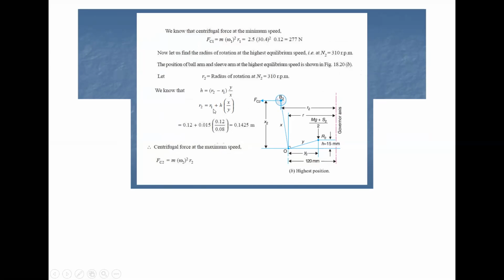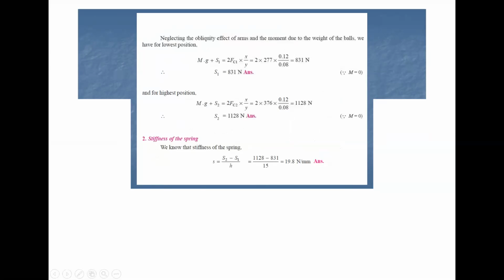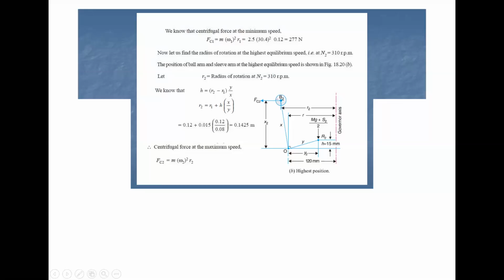Substituting the known values: r1 is 0.12, h is 0.015, x is 0.12 and y is 0.08. So we get 0.1425 meters.